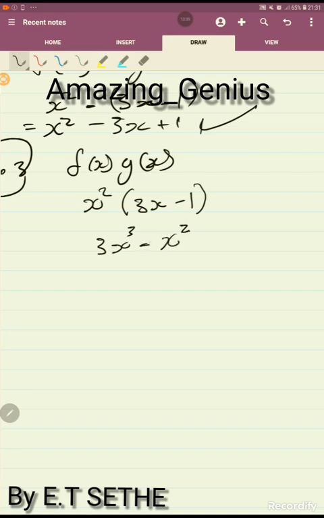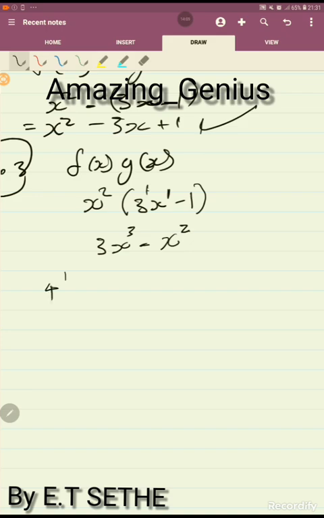This is a very simple thing to do. If you did your exponents multiplication, you should know this. When you multiply these two, the exponents are going to add. If we divide, they're going to subtract. Please take note of that.